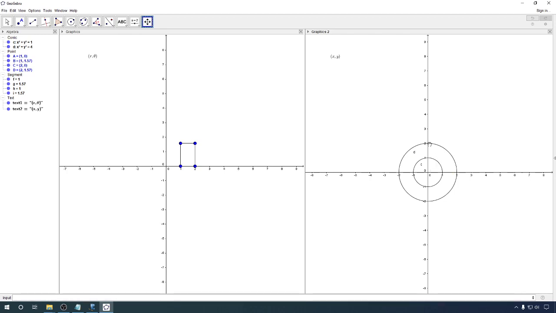Remember, something like this we were calling a polar rectangle. And it's because under these transformations, it really did come from a rectangle in the r theta plane. Basically, when we wrote it down, it would actually give us the same format for a rectangle.